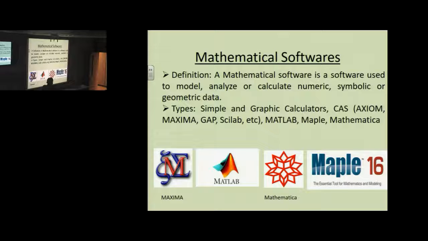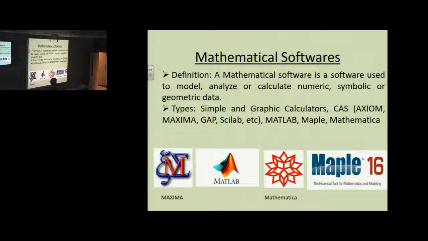There are many, as I said, starting from the very simple graphic calculators. There are computer algebra systems like Axiom, Maxima, GAP, Scilab, and there are many others. There are also some general purpose softwares which can also be used for mathematics, like MATLAB, Maple, and Mathematica.